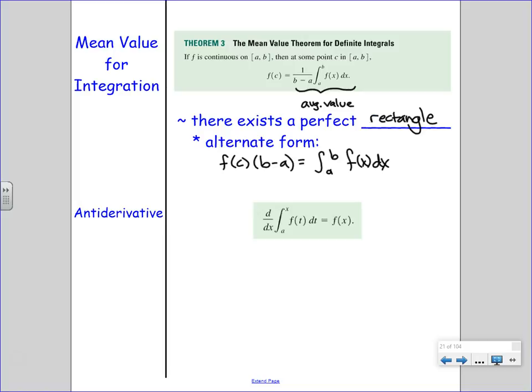That makes a little more sense as to why it's called the mean value theorem, because mean is another word for average. So there's some particular x equals c within a to b such that the function value at c is the same thing as the average value. That connects a little better with the mean value theorem.